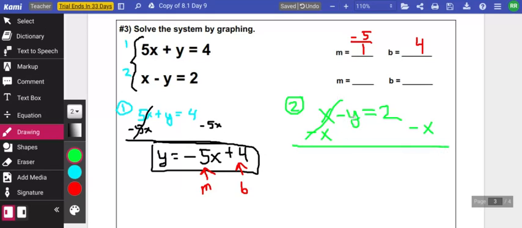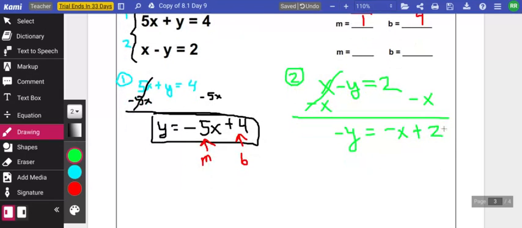And what's my y term? My y term is negative y. So I have negative y equals, put your x term first. Here's your x term. This is negative x, and then put your constant term. Your constant term is positive 2. Okay, this is not slope-intercept form yet because this is not y equals.